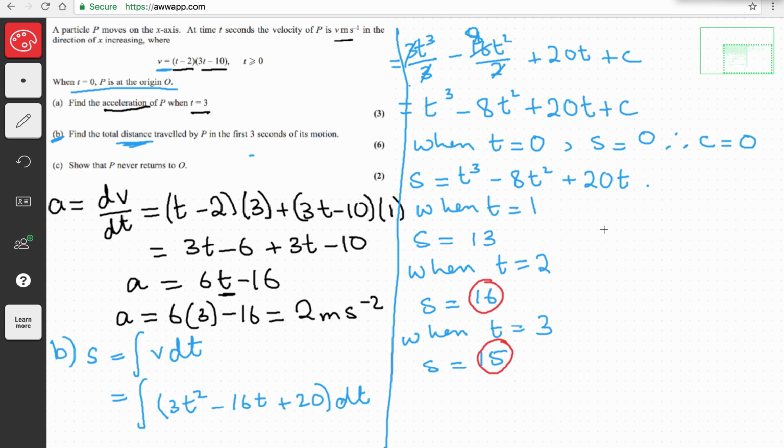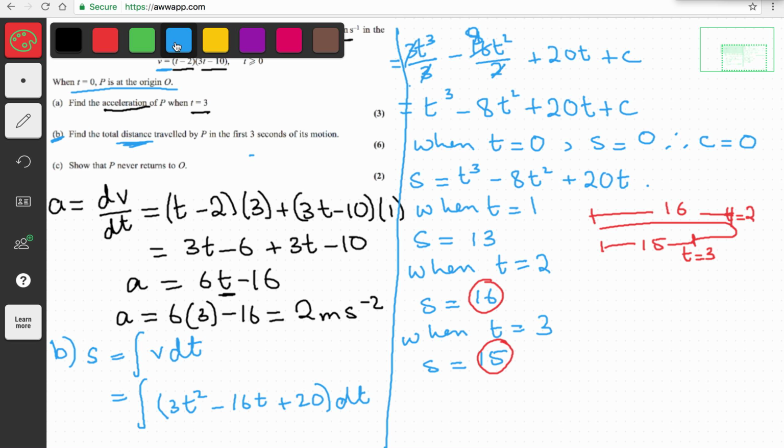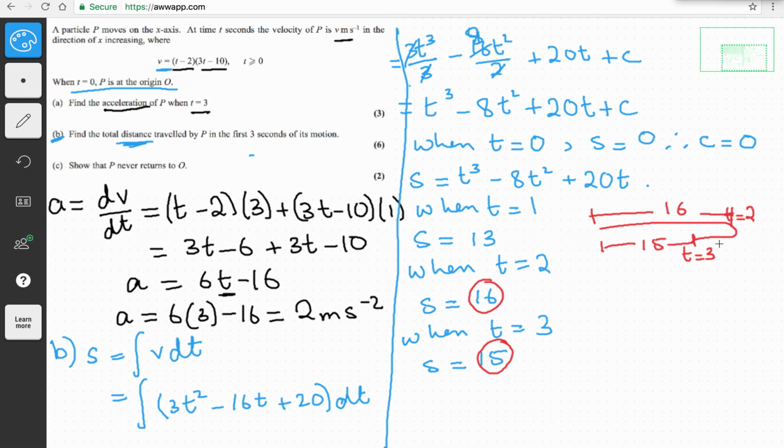which means that P went and came back. At t equals 2 it was here, and at t equals 3 it's here. The distance that it traveled until t equals 2 was 16, and the displacement from the origin now is 15. So the distance that it returned after t equals 2 was 1.